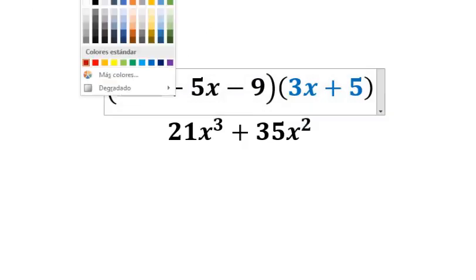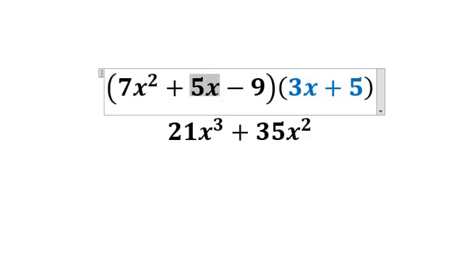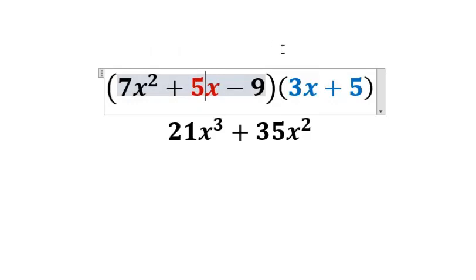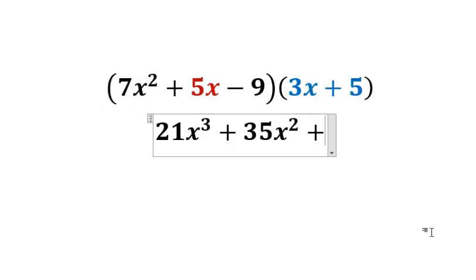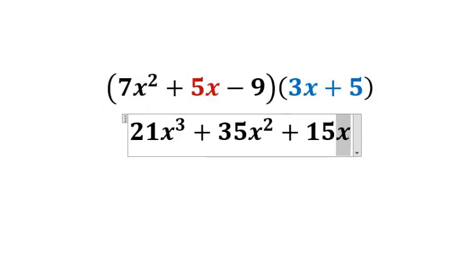Now I'm going to multiply with positive 5x. So 5x times 3x, again from the beginning, remember. 5x times 3x: 5 times 3 is 15. x times x is x squared.